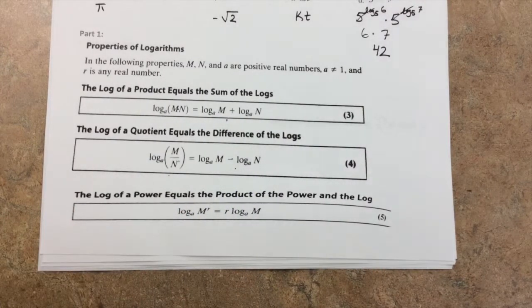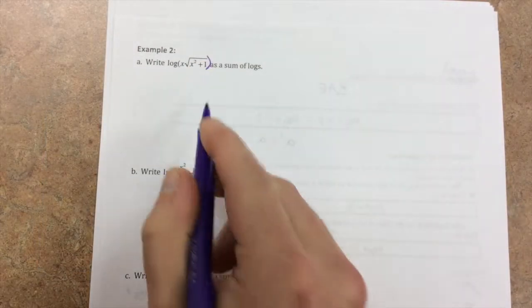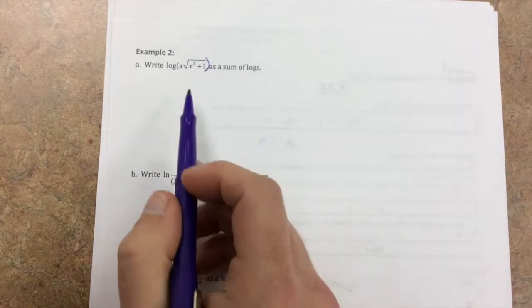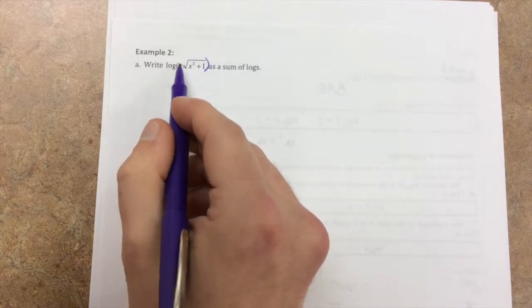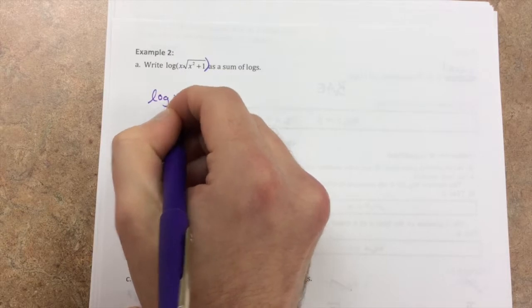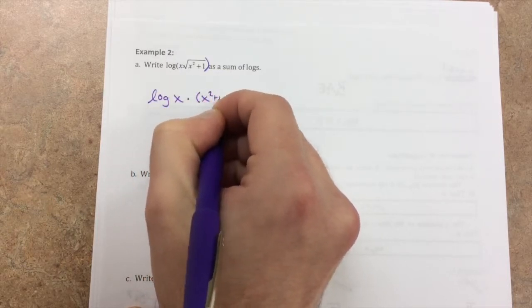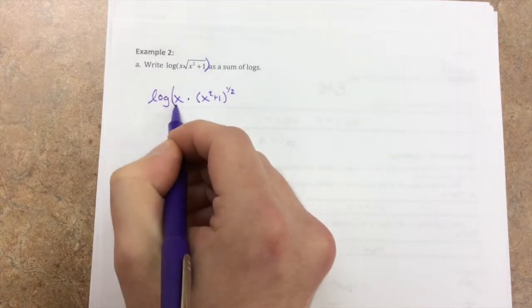All right, so flip it over. We're going to get to some problems. All right, example 2. Write as the sum of logs. So remember, log, just as a general, means log base 10. So we have multiplication here. We have log of x times (x squared plus 1) to the 1/2 power. Okay, and this is all in parentheses.